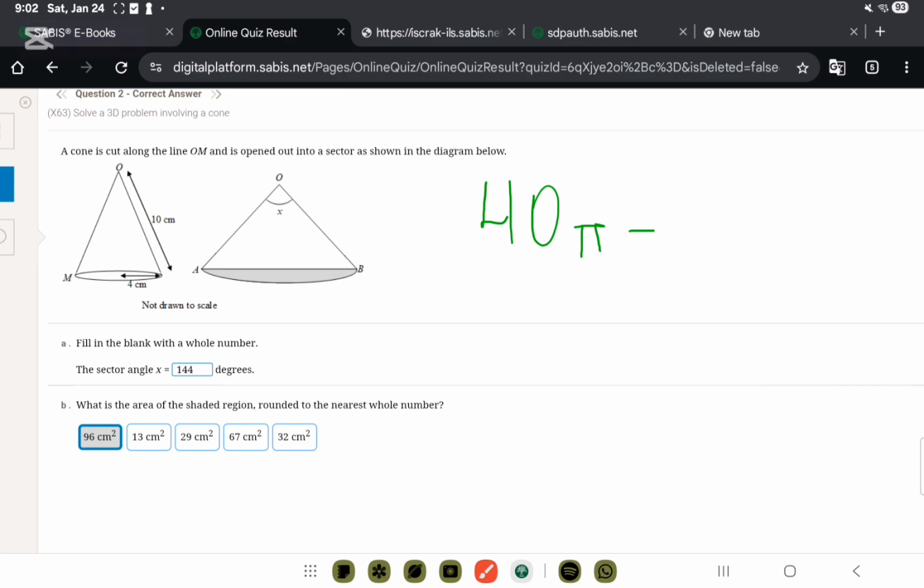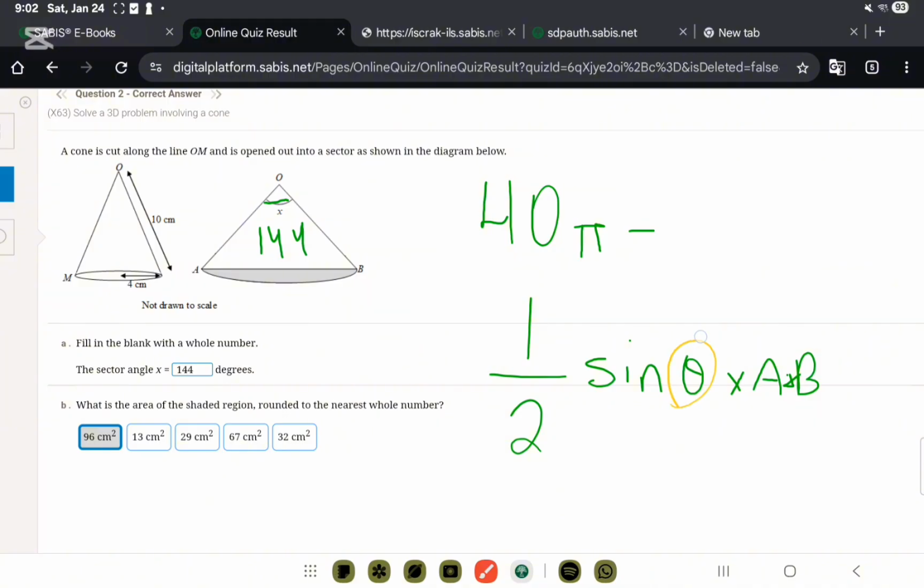So it's going to be 40 pi minus, now we need to find the area of the triangle. Instead of x I'm going to replace it by 144. What do you remember from term 1? We took 1 over 2 times a times b times the sine of the angle. Here we replace with 144, and we have 10 and 10.